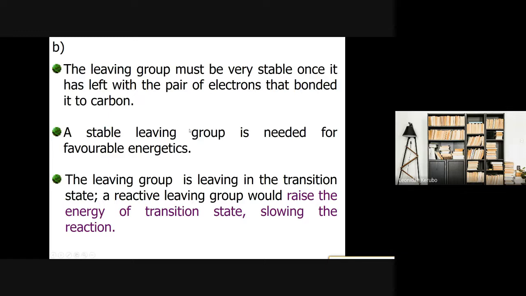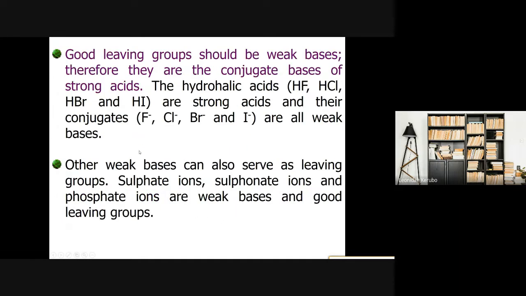It is very important to note that if you have a reactive leaving group like the hydroxide ion, as compared to the halides, then it will raise the energy of the transition state, slowing down the reaction. Good leaving groups should be weak bases, therefore they are conjugate bases of strong acids.